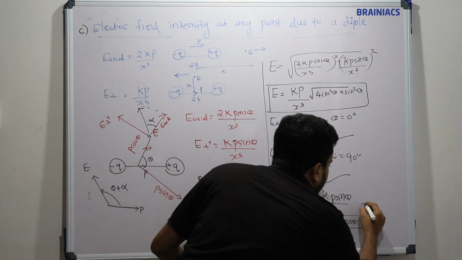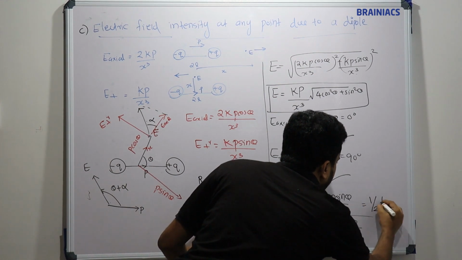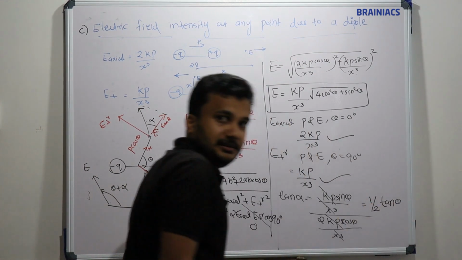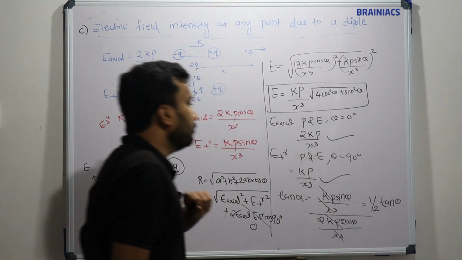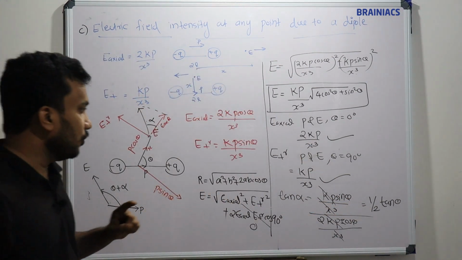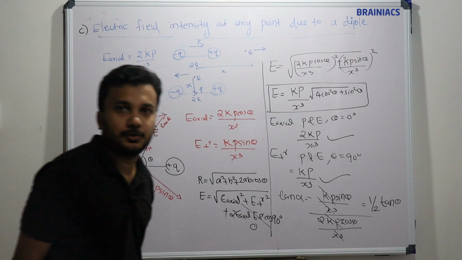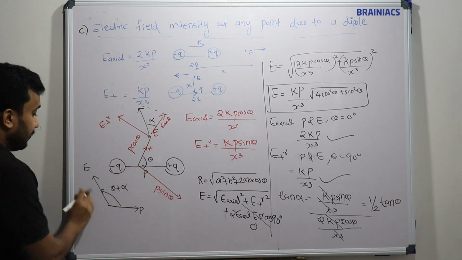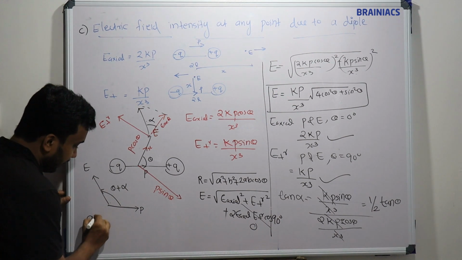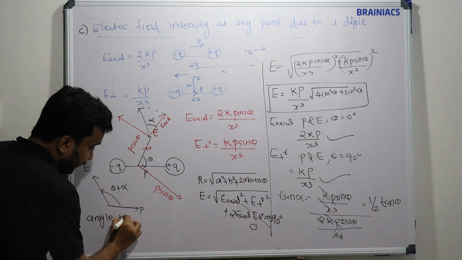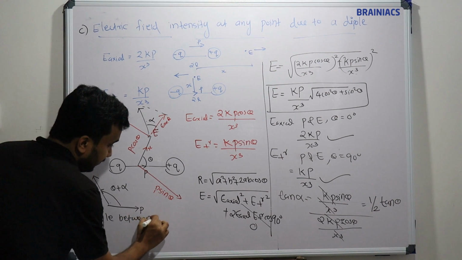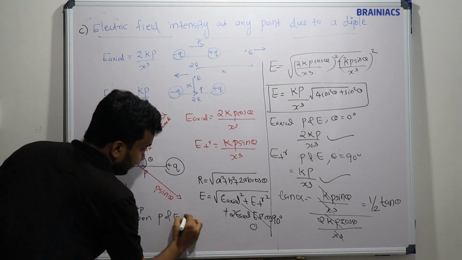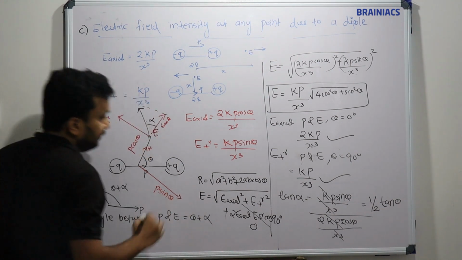So what will this formula come to? It is 1 by 2 tan theta. So tan alpha equals 1 by 2 tan theta. Theta value we already know, 45 degrees. In our example, I told we will write the angle between P and E in this case equal to theta plus alpha.